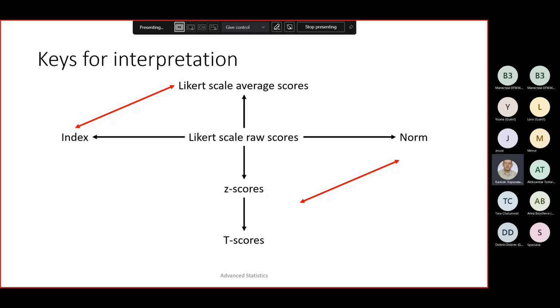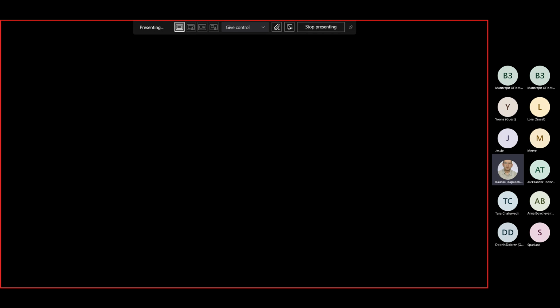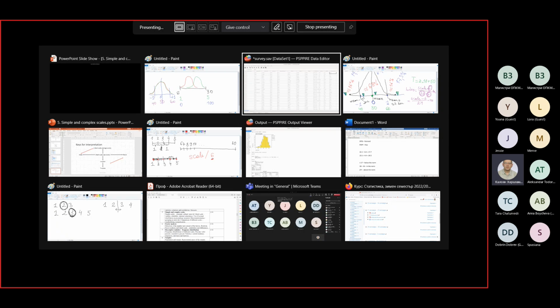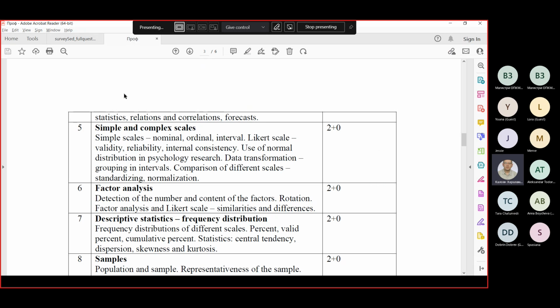We never use all 5 transformations. We choose only one transformation, but you have to know advantages and disadvantages of these transformations. So this was the first topic, not the first in the syllabus, but the first for us, topic for simple and complex scales. Questions?